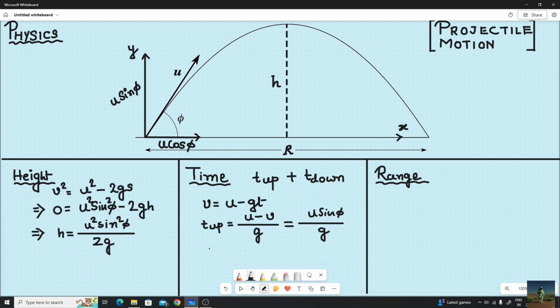The total time will be t equals 2 u sin phi divided by g. So this will give you the flying time.